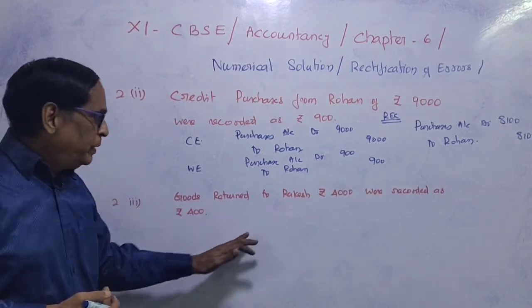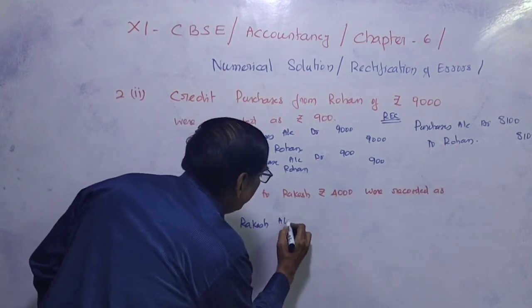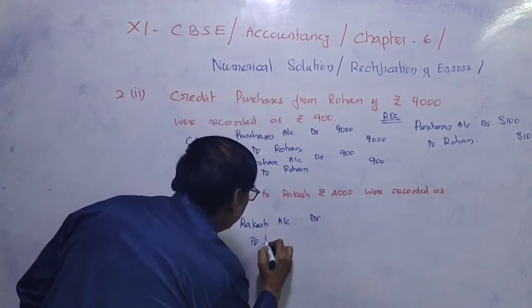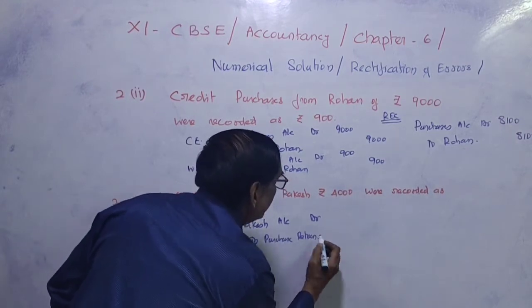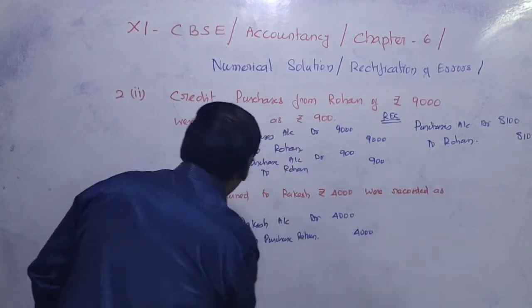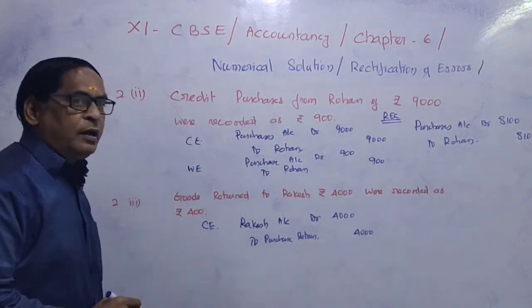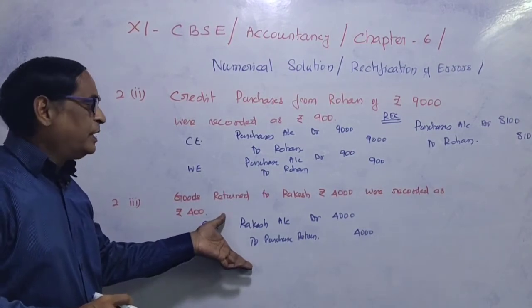The original entry should be Rakesh account debit to purchase return, that is 4,000 rupees. This is a correct entry. But the mistake they have committed is, the entry is correct, but they have mentioned the wrong amount.